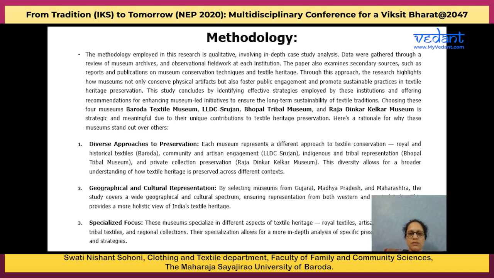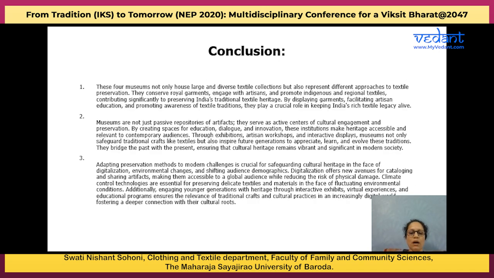This study concludes by identifying effective strategies employed by these institutions and offering recommendations for enhancing museum-led initiatives to ensure the long-term sustainability of textile traditions. So the conclusion: these four museums not only house large and diverse textile collections but also represent different approaches to textile presentation.